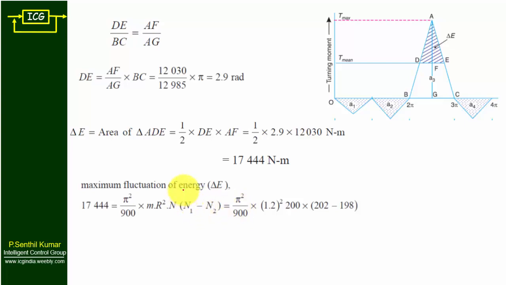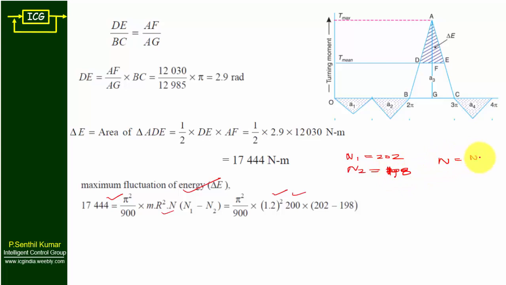So this is one standard formula to find the value of del E. Here del E is known, pi constant, 900 constant, m unknown, r value known, capital R value given in the problem, 1.2, then capital N value 200 because N1 is 202, N2 is 198.